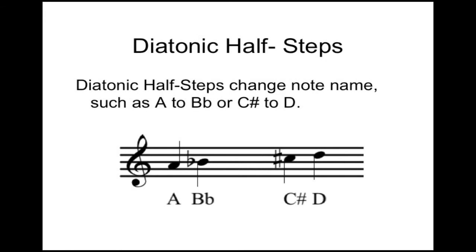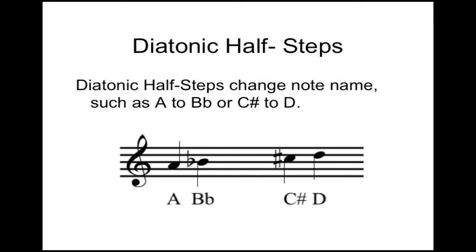Now let's consider half steps on the musical staff. Diatonic half steps are half steps that change notes or note heads, such as A to A flat or C sharp to D. And these half steps usually occur by lowering the top note with a flat or raising the bottom note with a sharp.